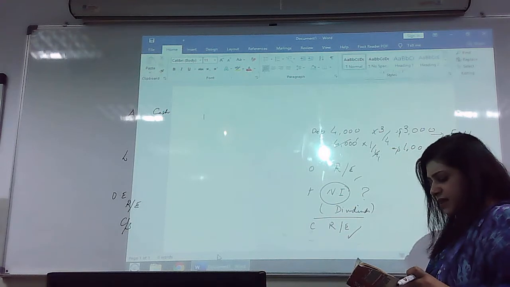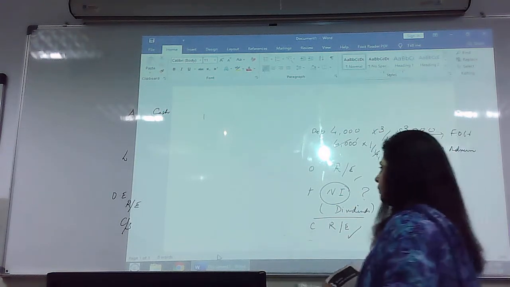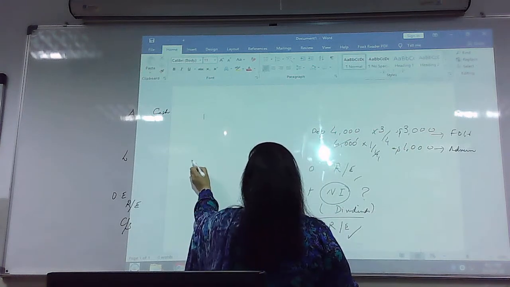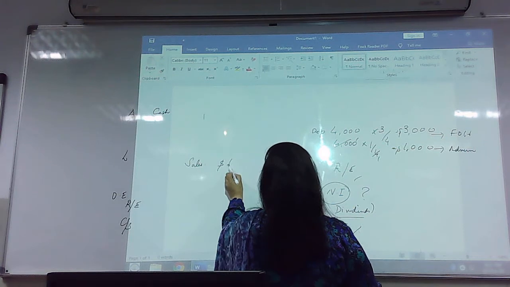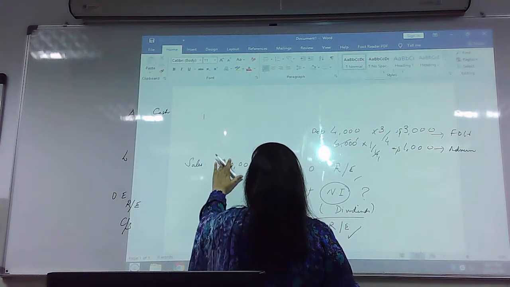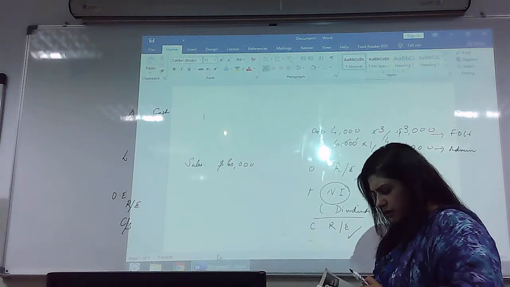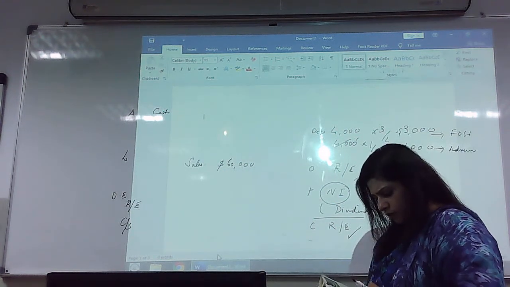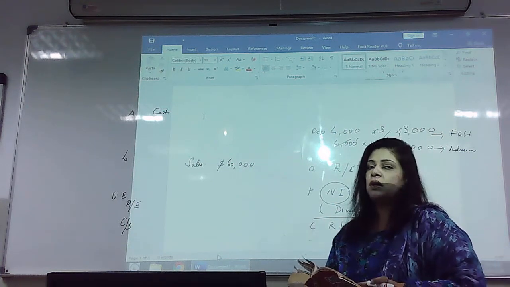Now sales are 60,000 that were made on account of finished goods costing $38,000, okay. Now finished sales were $60,000. I hope that you can see this. Sales were $60,000 as per the data, and they were made on account of finished goods costing, okay.